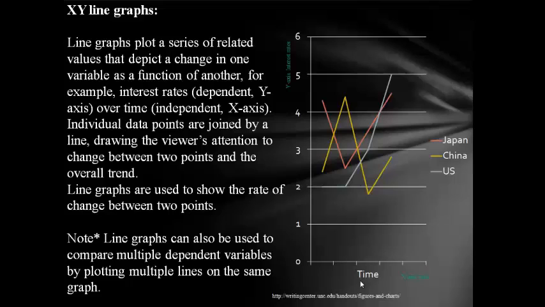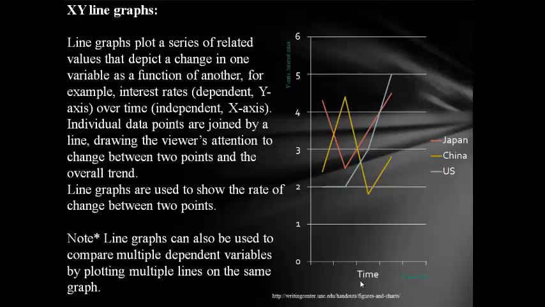XY line graphs. Line graphs plot a series of related values that depict a change in one variable as a function of another. For example, world population is a dependent variable over time, which is an independent variable.